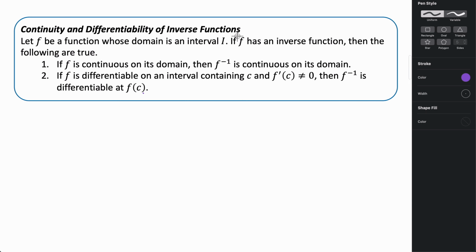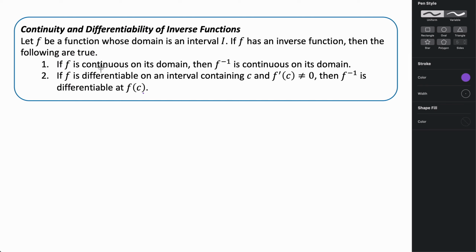Now, if we're talking about continuity and differentiability of inverse functions, we first have to let our function be defined on some interval I. This interval could be really anything. It could be all real numbers, or it could be some other restricted interval. But if our function has an inverse on that interval, then the following two things will be true.